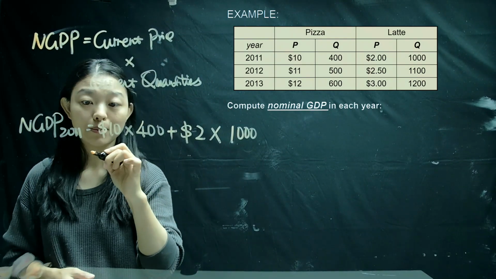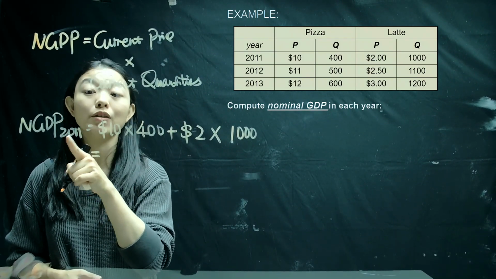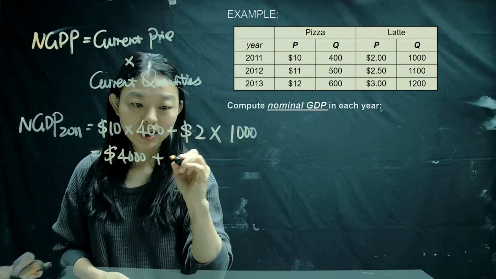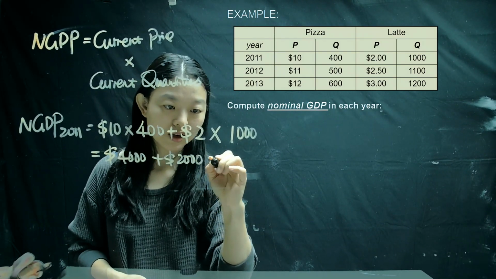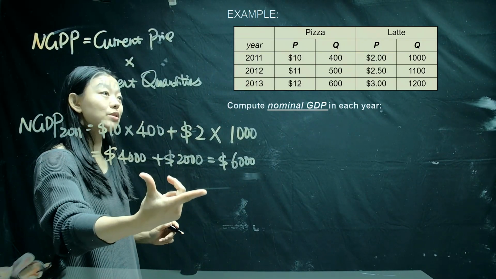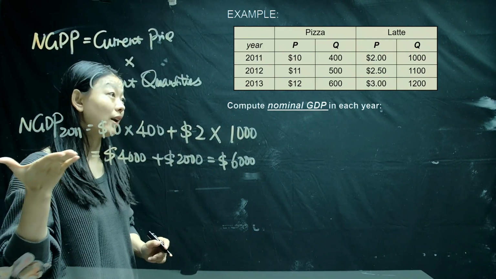If we sum these two numbers, 4,000 plus 2,000, we get 6,000 for nominal GDP in 2011.